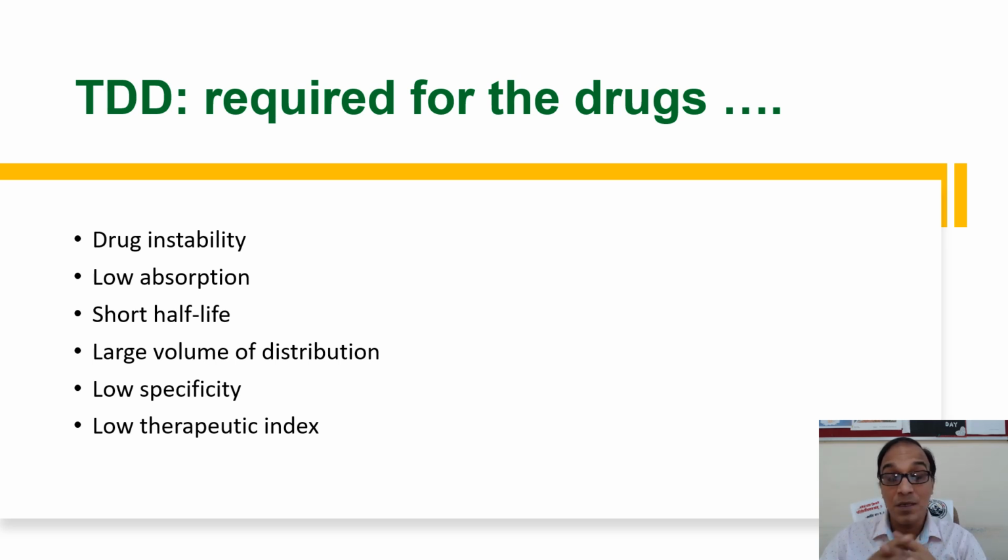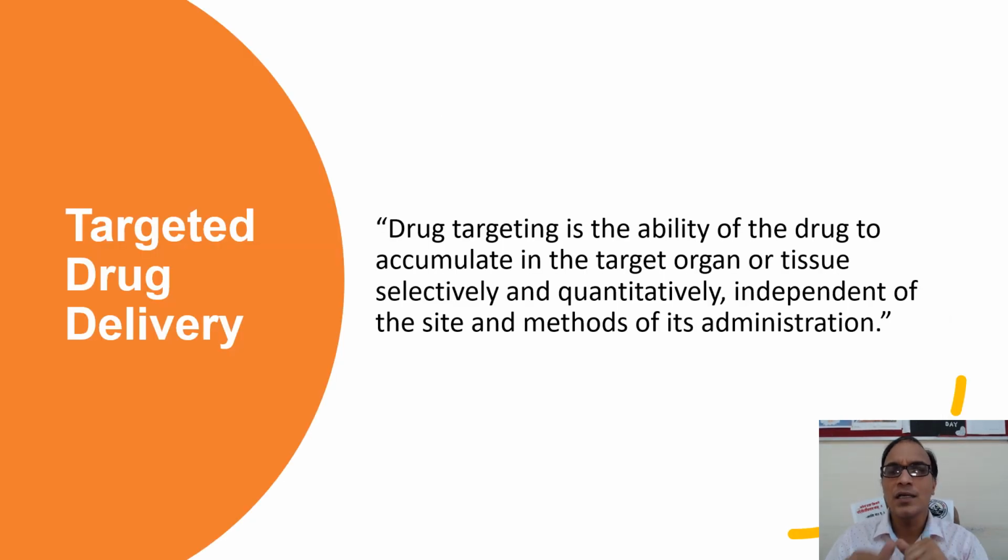The drug is unstable, the drug is not being absorbed properly, and due to short half-life you have to give it many times a day, and the drug is being distributed throughout the body, and specificity is not there. And therapeutic index is a very crucial phenomenon. That's why we need targeted drug delivery.